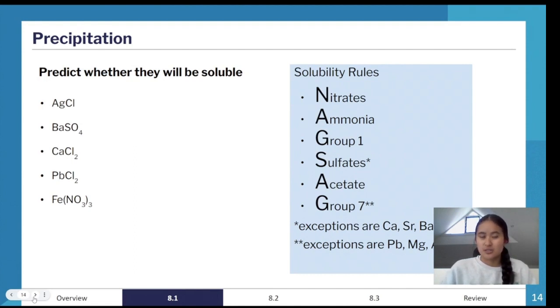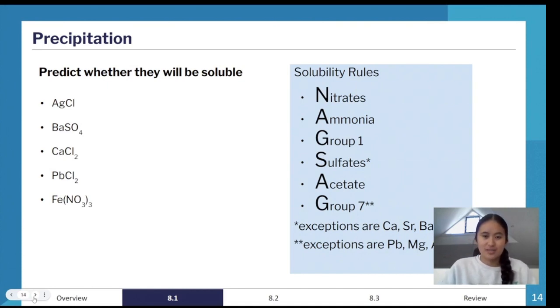Calcium produces a precipitate with sulfate, but not group 7, so calcium chloride is soluble. Lead chloride, on the other hand, is insoluble because lead is the P in PMS, the exceptions to group 7.